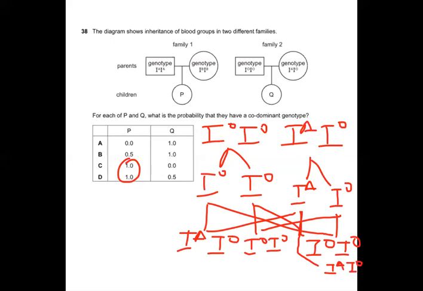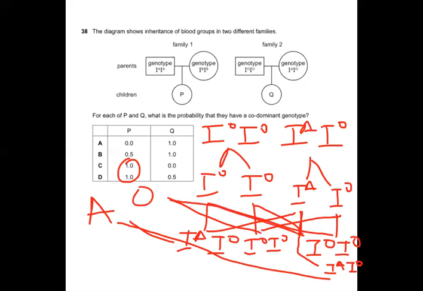We can see over here that these two have the phenotype A because O is recessive and A is dominant, while the other two have the phenotype O because they're homozygous recessive. So there is no chance of an offspring with a co-dominant genotype, that is AB. So for Q it's 0 and C is the correct option.